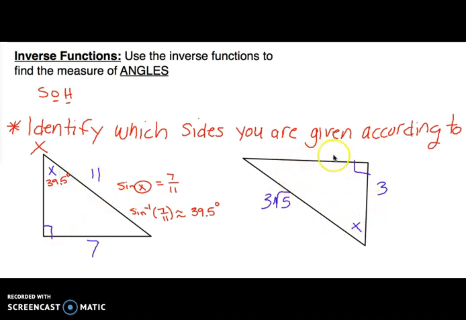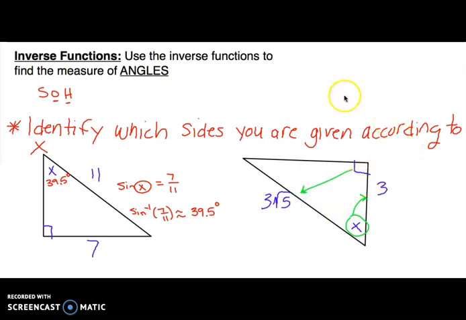If I look at this triangle right here, again, identify your sides according to X. So here's X. So your angle is always where you start. So I'm going to start here. The sides that I'm given, I've got 3 over here, which would be adjacent to my X. So that's A. And this side right here is hypotenuse.